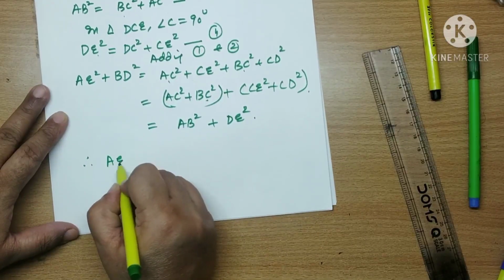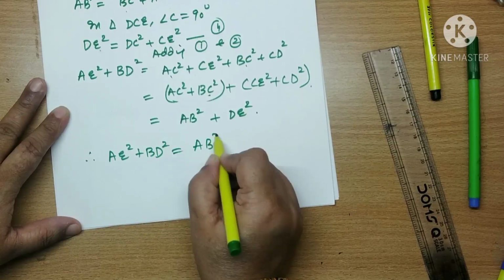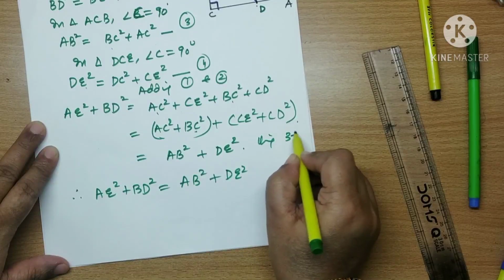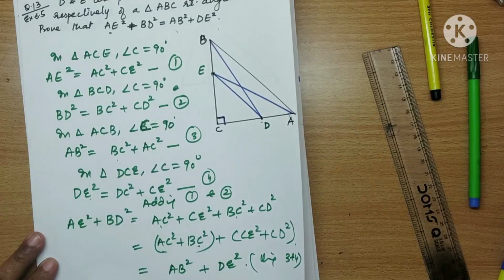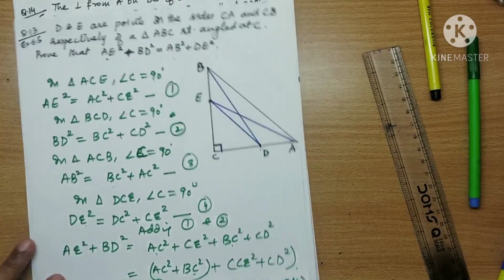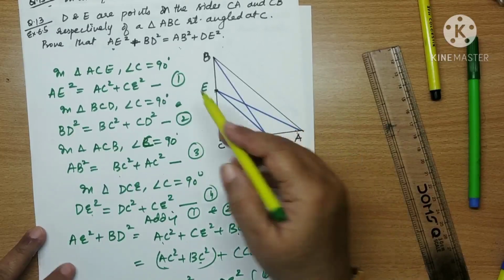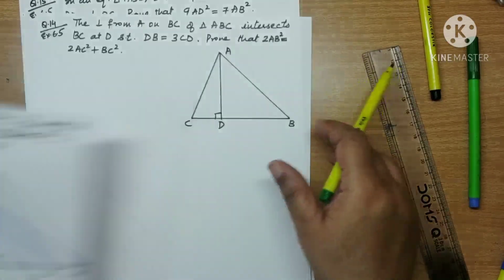Therefore AE square plus BD square is equal to AB square plus DE square. This is using 3 and 4. So the simple technique is to write down the relations, all the hypotenuses, whatever you have, write down their relationships and then keep on doing what you need to, whatever he is asking you to prove.